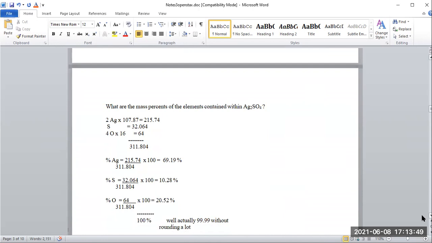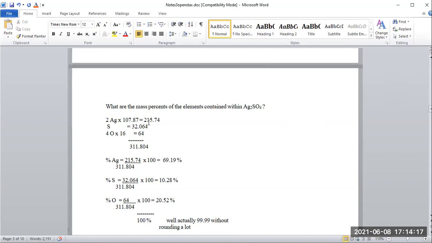Silver sulfate has 2 atoms of silver, 1 of sulfur, and 4 of oxygens. As I said, there's a method to why I set up my figuring out what my molar mass is a particular way, because it will save me a step later.